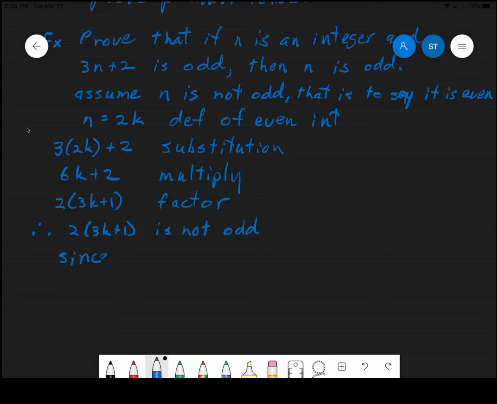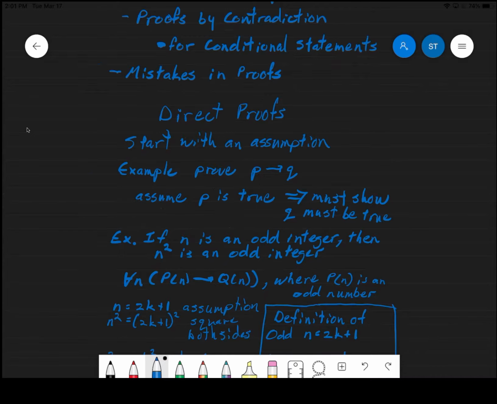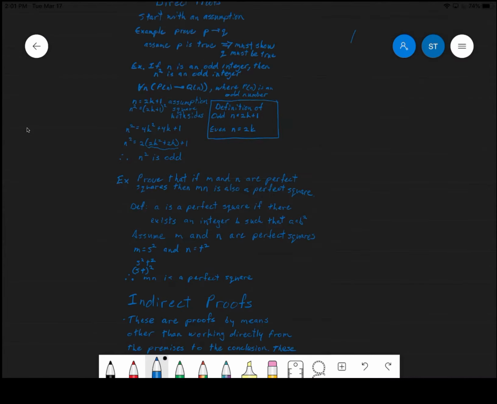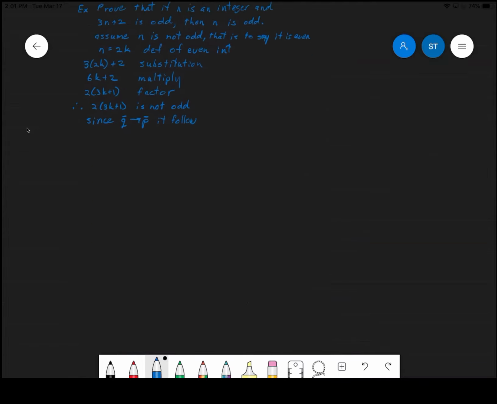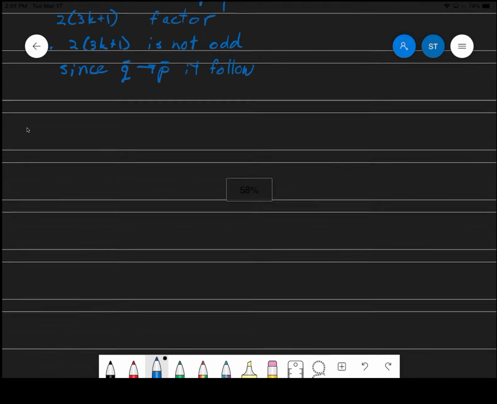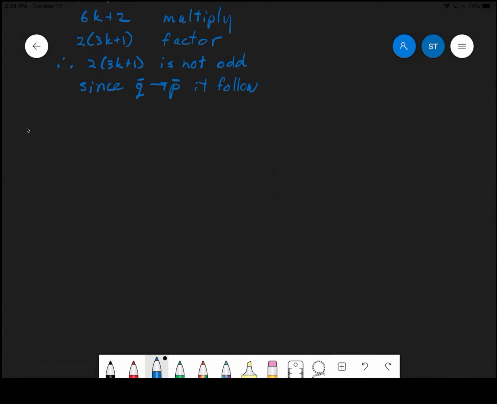We can say, since not Q, then not P, it follows that P then Q.